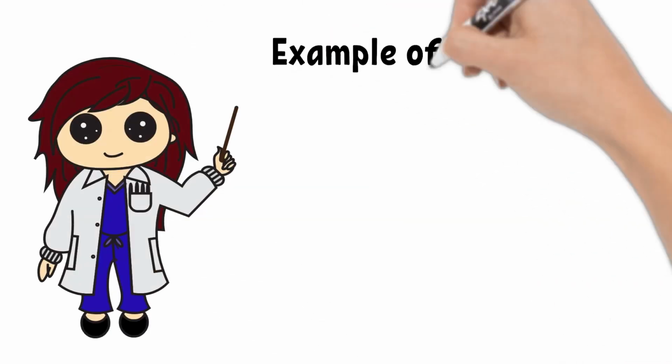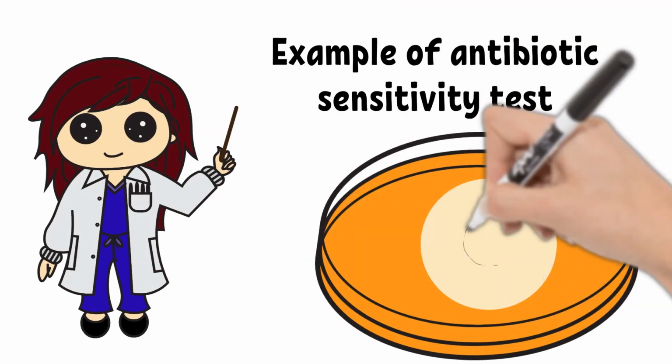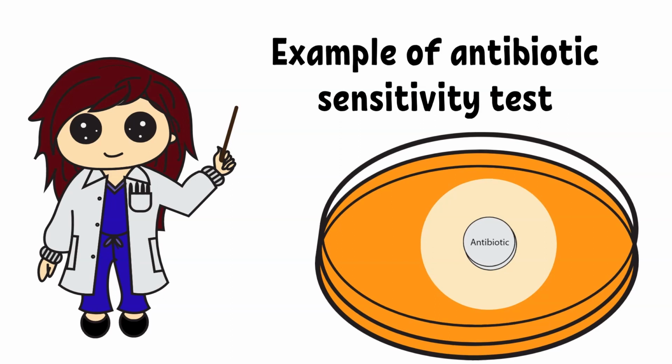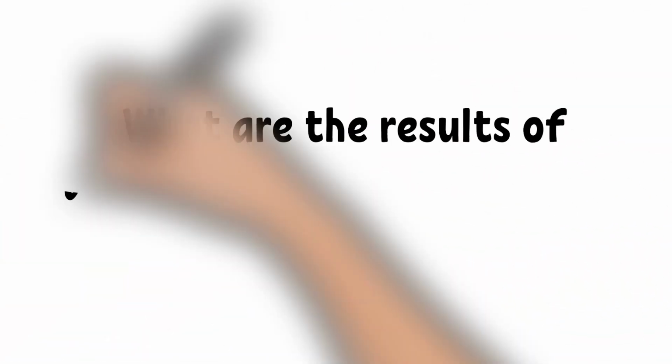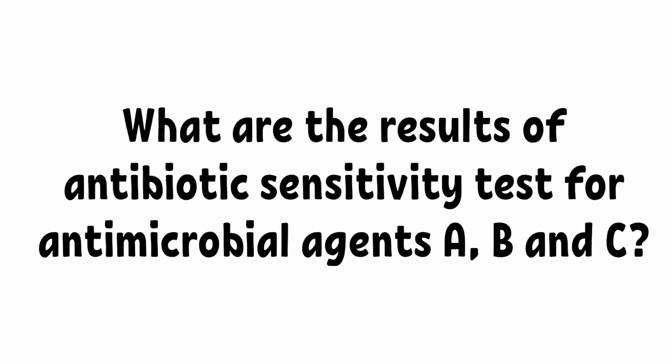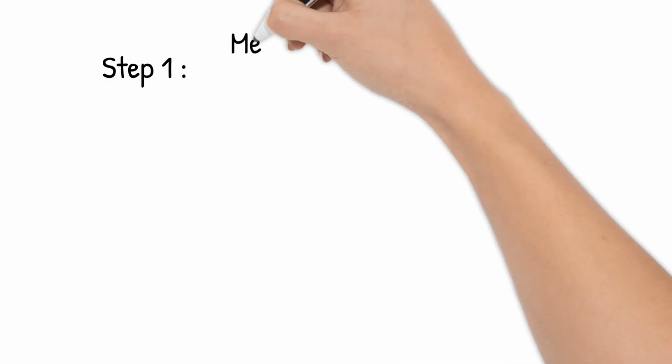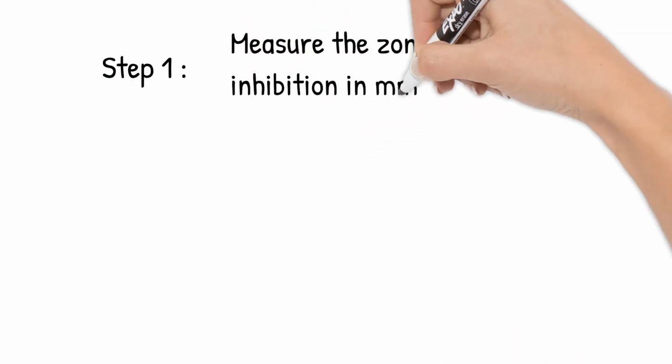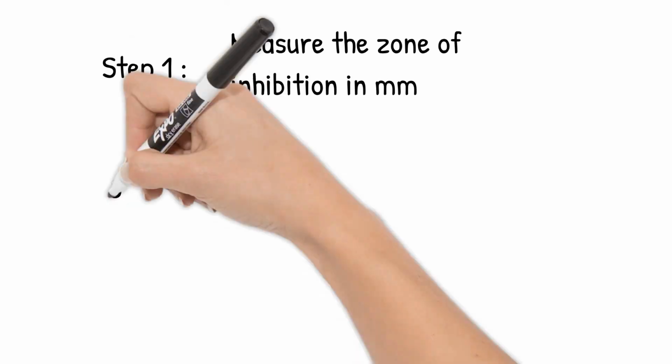Let's work on some examples of how to interpret antibiotic sensitivity tests. What are the results of antibiotic sensitivity tests for antimicrobial agents A, B, and C? First, we have to measure the zone of inhibition in millimeters.